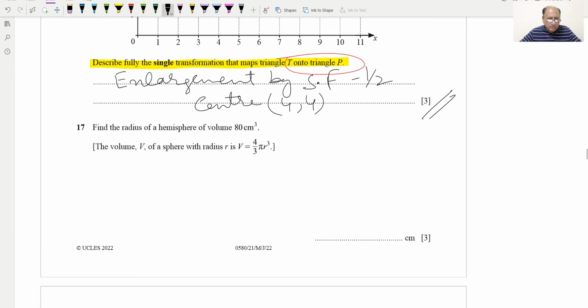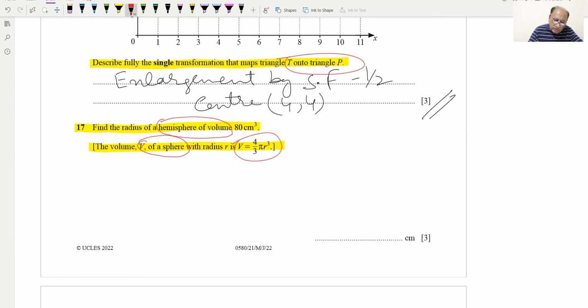So now question number 17, and it says find the radius of the hemisphere of volume 80 centimeter cube. The volume of sphere with radius r, this is the formula. One thing you need to be careful about is that this formula is for the sphere, not for the hemisphere.